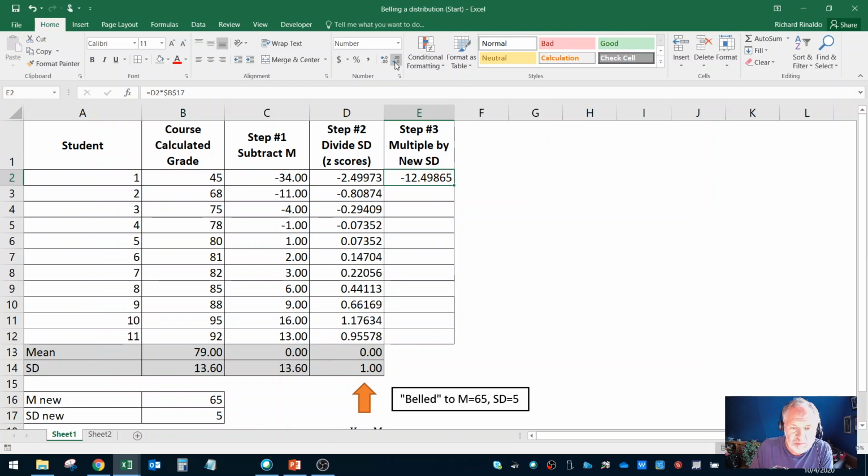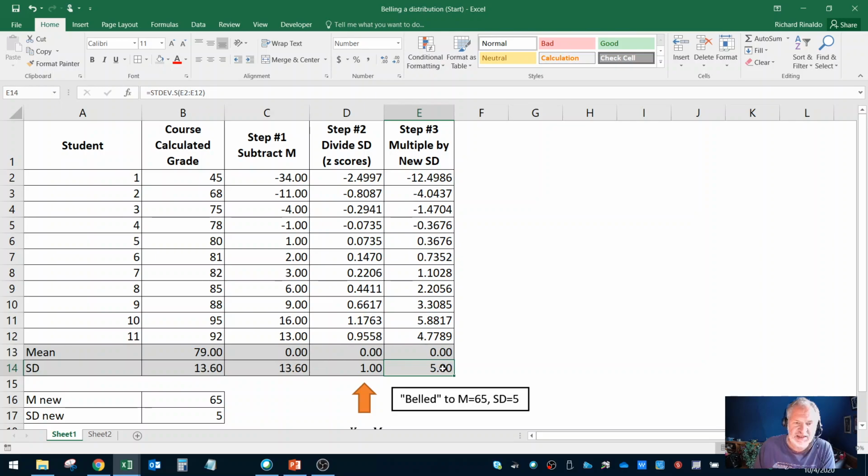And if I look, I have a new mean and standard deviation. And my new standard deviation is 5. So I've multiplied the z-scores by the new standard deviation of 5. So I've kind of spread the scores out. I haven't changed the mean. And then step 4. Step 4 is to add the new mean.